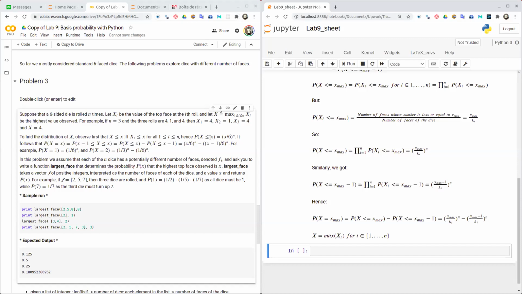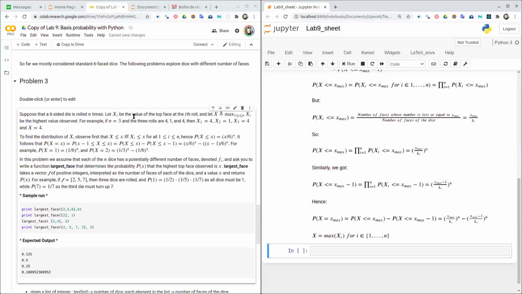So x is equal to the max value. If 4 is less than another value, it means that 4, 3, and 1 are also less than this value. Okay, I got it. Okay, great.